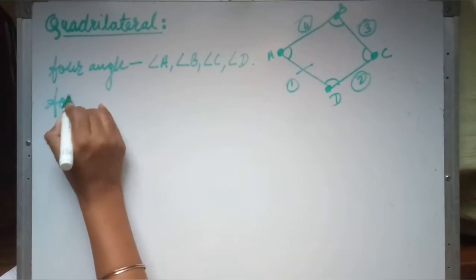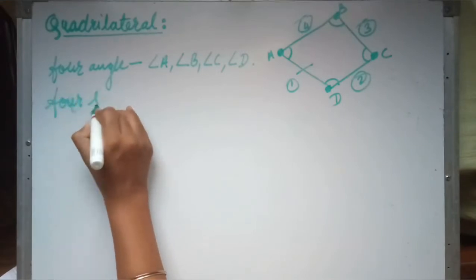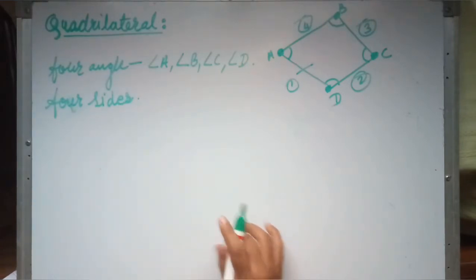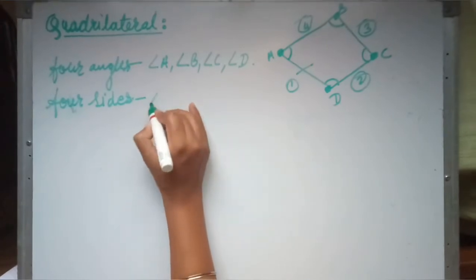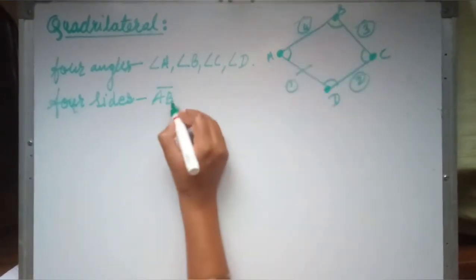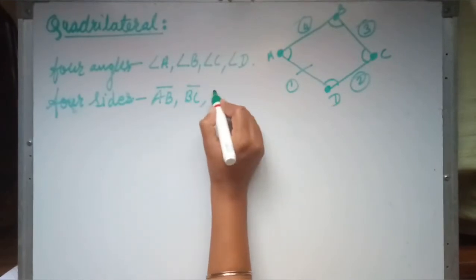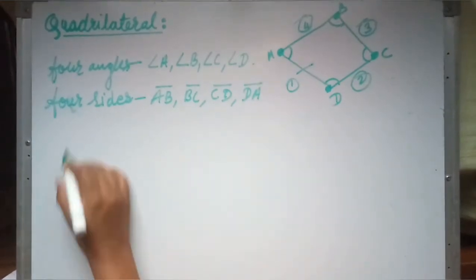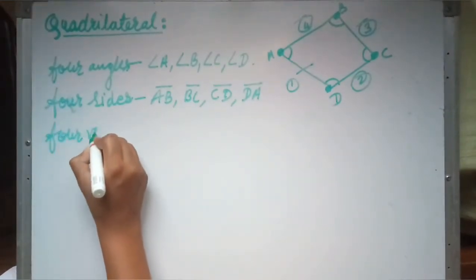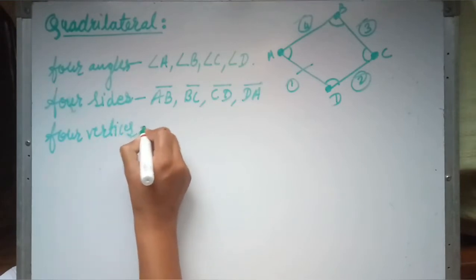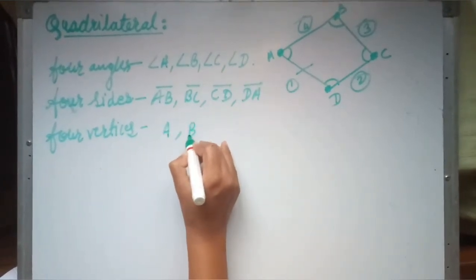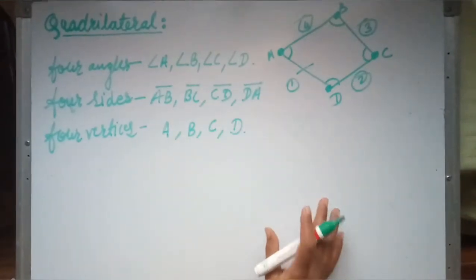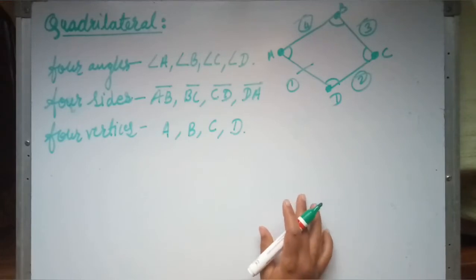Now the four sides are side AB, as it's a line segment, so I can write side BC, CD and DA. And vertices A, B, C and D. So this quadrilateral is read as quadrilateral ABCD.